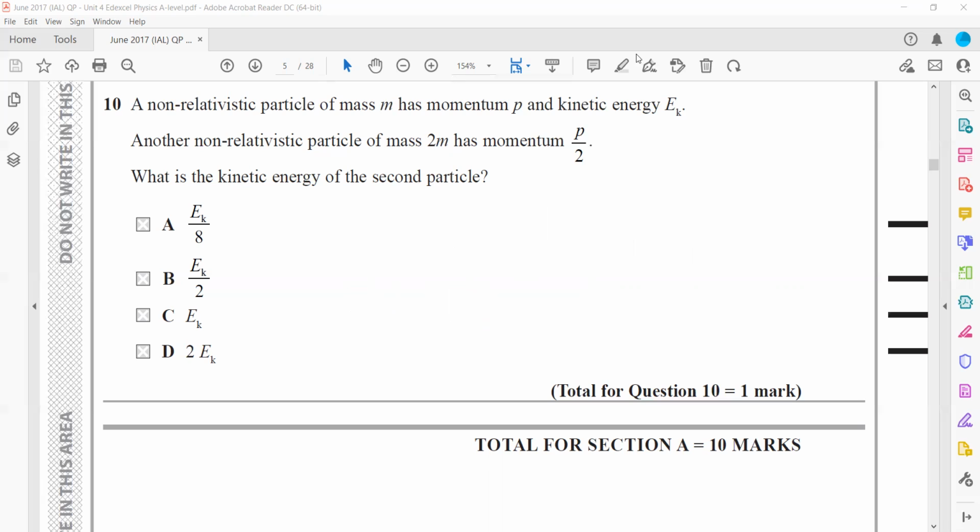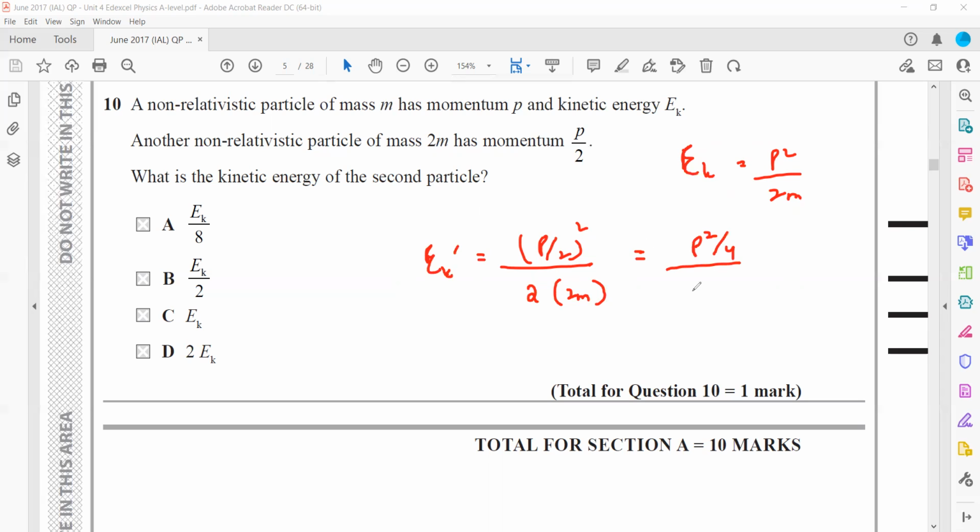because 4 is there. But we want to eliminate the change. As you can see, Ek, the first kinetic energy, is p square by 2m. Now the new kinetic energy, say Ek dash, equals p by 2 square, because I want this relation so that I can substitute the Ek value and compare, and this is also 2m. When I simplify, it becomes p square by 4, this will be 2 and 2m.